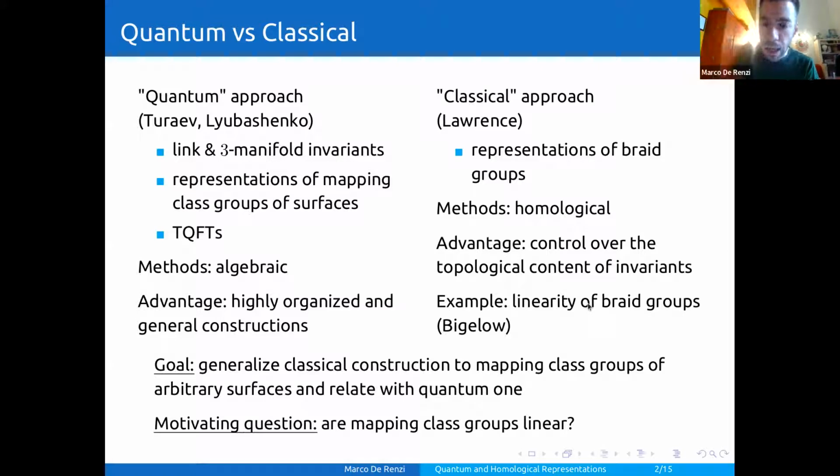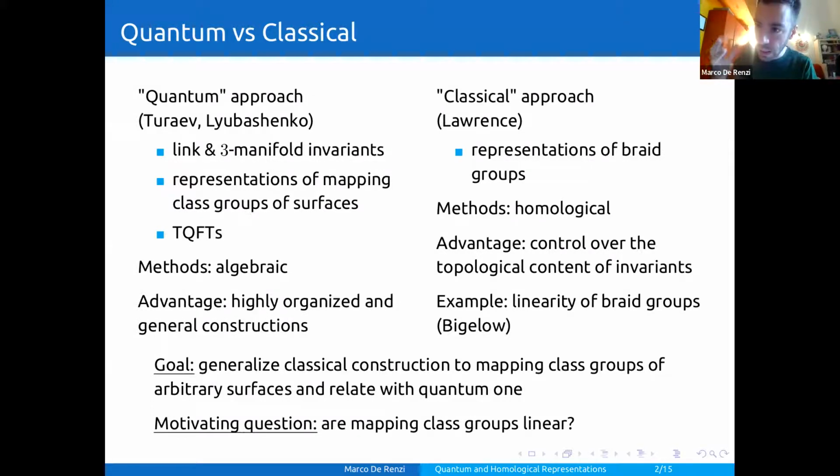It turns out that the representations defined by Lawrence are isomorphic to certain representations that arise on the quantum side. This was proved by work of Jackson, Kurpita, and Kohno, and this was recently deeply generalized by my co-author, Jules Martel.